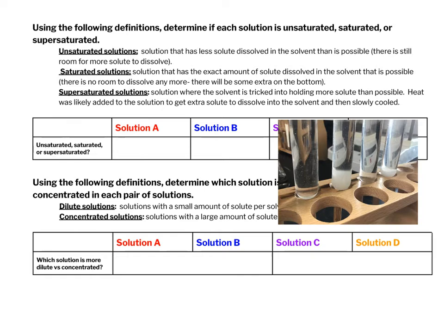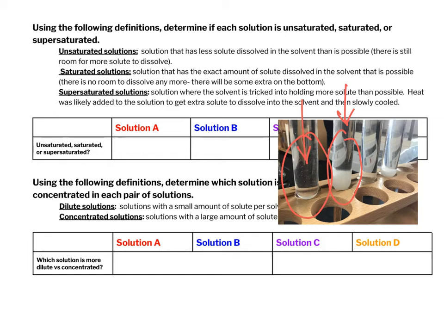So solution A and B. Solution A is clear and solution B has some stuff on the bottom. So the second one then is saturated because some stuff dissolved, but some of it just sank to the bottom. In the first one, all of it dissolved, so you probably could have dissolved more.